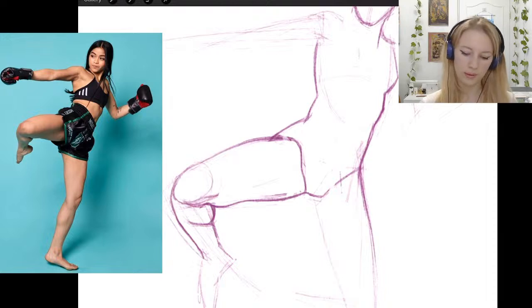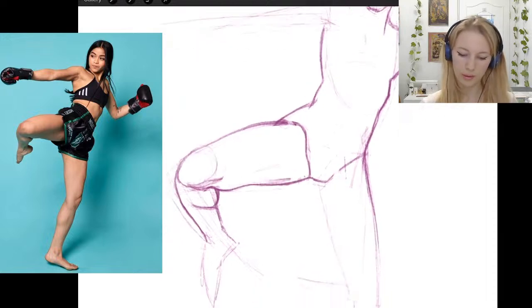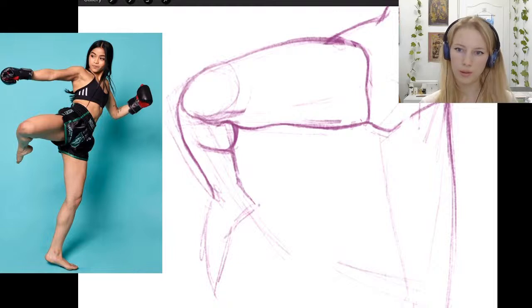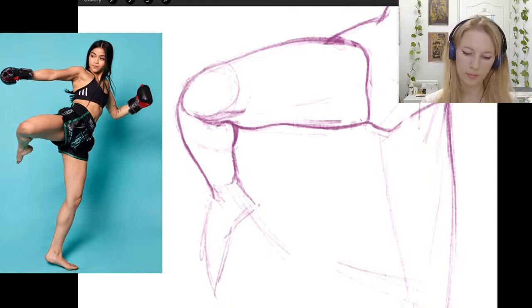And on this leg, it is the left leg for us, you can see how intensely in perspective these muscles are, and this leg in general. You see that it looks way shorter than the other leg.